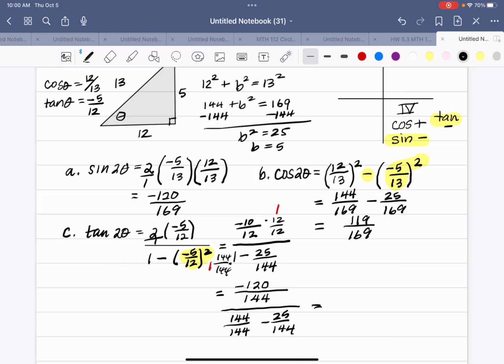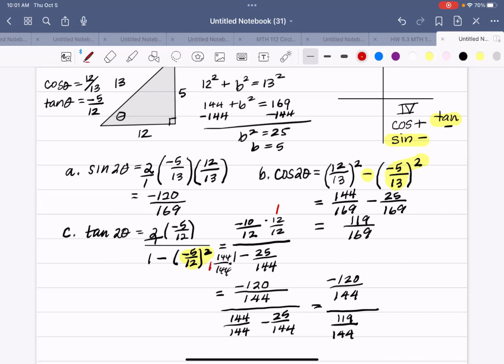I'm not going to reduce anything yet. Negative 120 over 144, and that's going to be over, in my denominator I have 144 minus 25, which is 119. That's over 144.